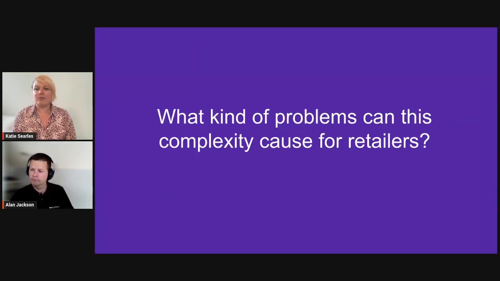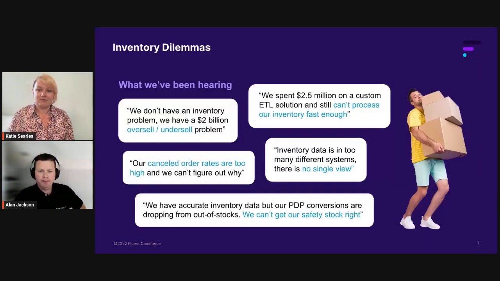And what kind of problems can this complexity cause for retailers? Yeah, so I think some common sound bites that we hear really is gathering inventory into a single view and doing that at scale. The inventory numbers that we see are really, really high, and being able to process that quickly and accurately, and present it in a centralized view is always a big challenge amongst the people that we talk to.